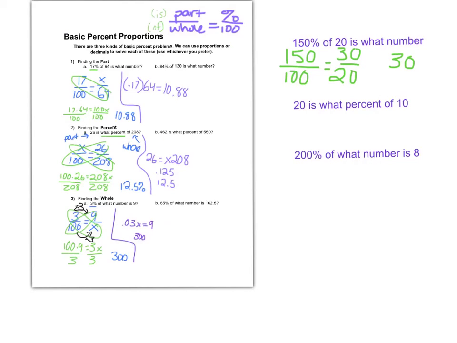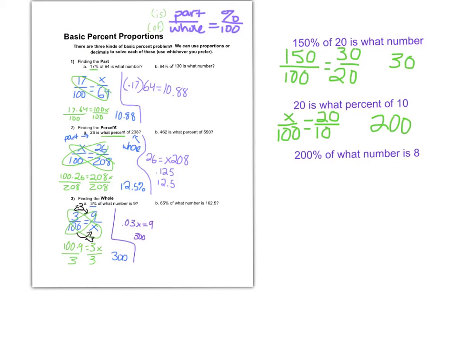because we have the full 100% plus another 50%. Similarly, if it said 20 is what percent of 10, we don't know the percent, so we have x over 100, but 20 is what percent, or what part of 10? 20 is 2 whole times 10, so it's 200%, or 200 over 100.